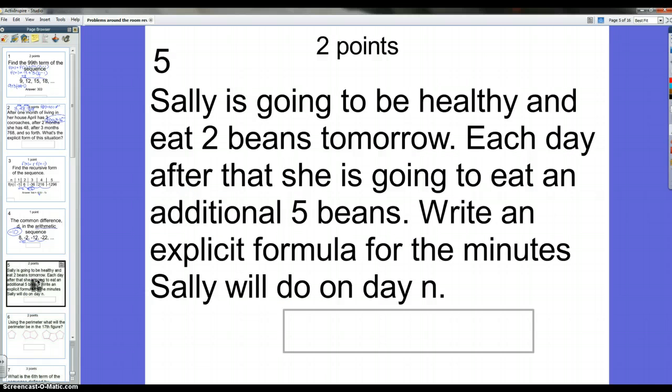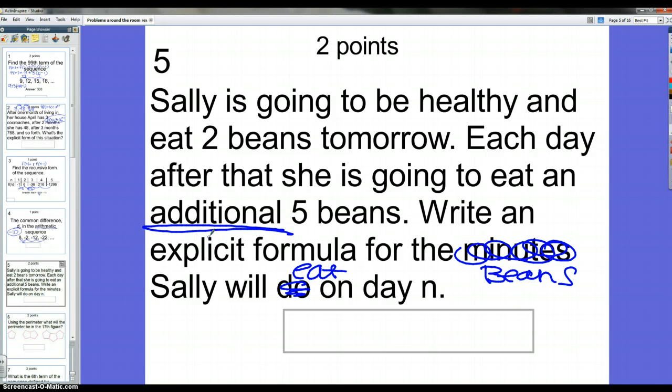Sally's going to eat 2 beans tomorrow, and every day after that she's going to have 5 more beans. Write an explicit formula for the beans Sally will eat on day n. So for this one, it says additional, so that tells me that this must be arithmetic.